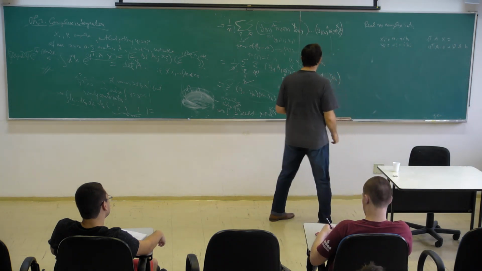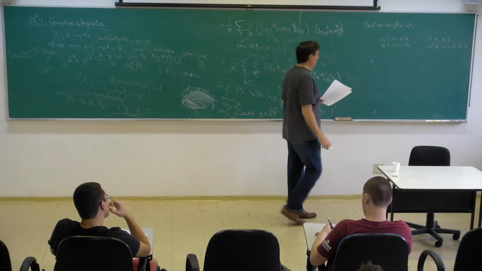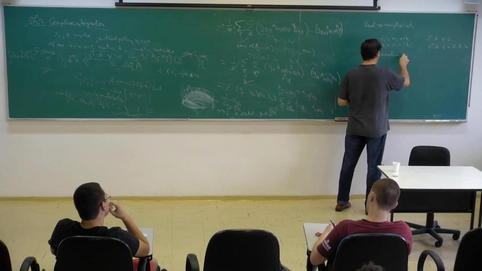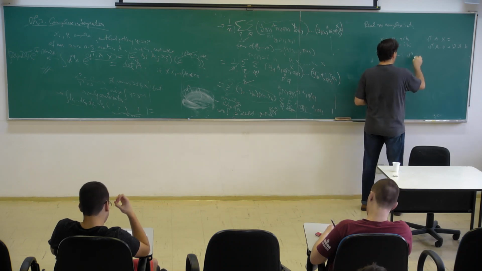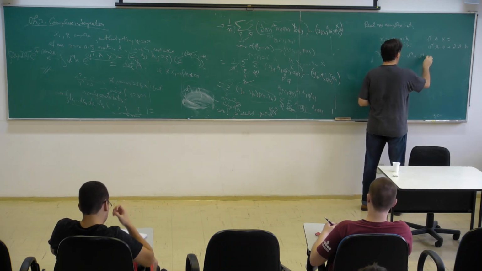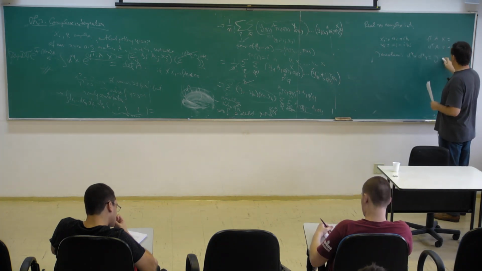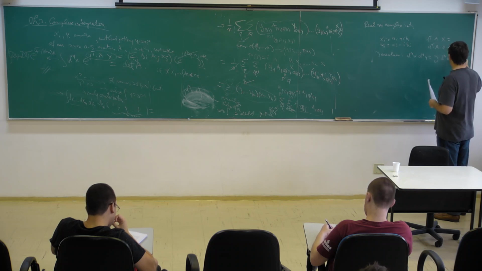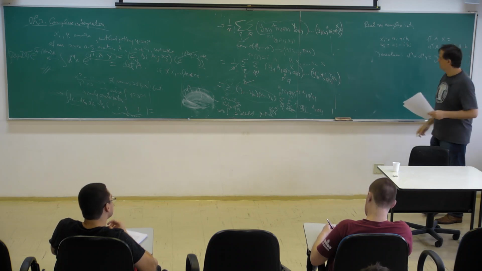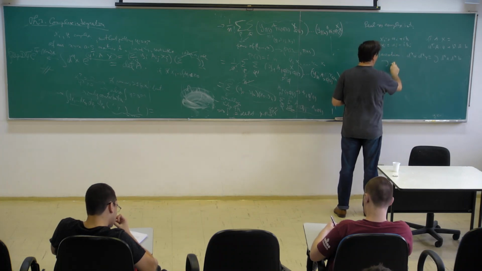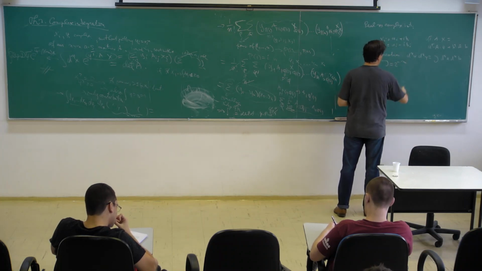But then the Jacobian of the transformation, so d^n x d^n y, is written as the Jacobian times d^n a d^n b, right? And then you can calculate this is just 2 to the minus n.